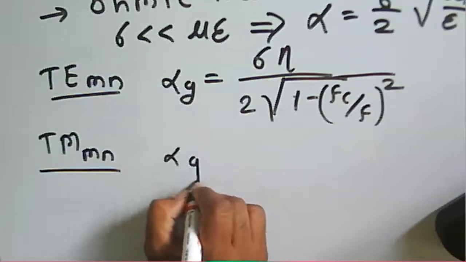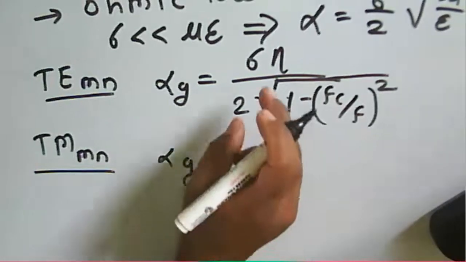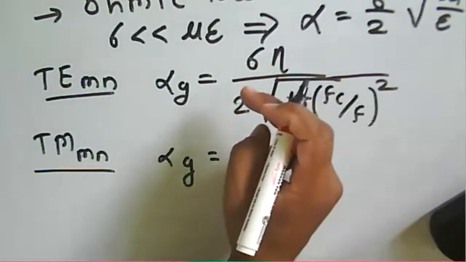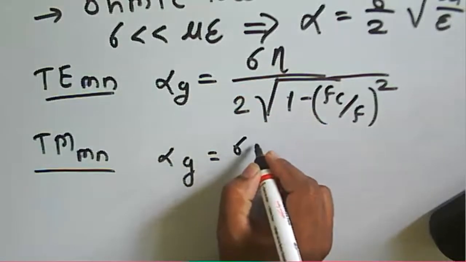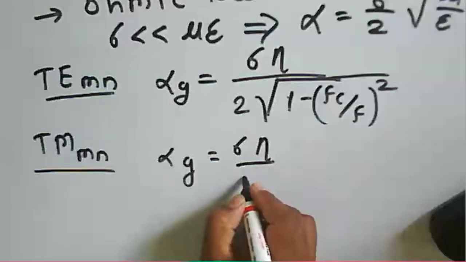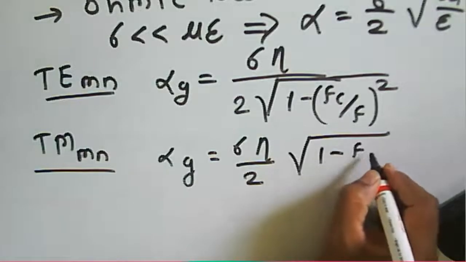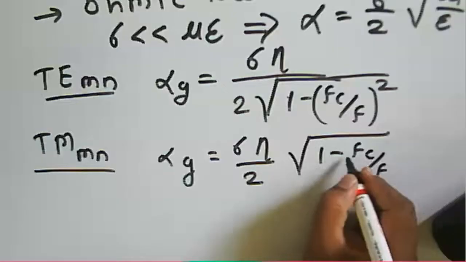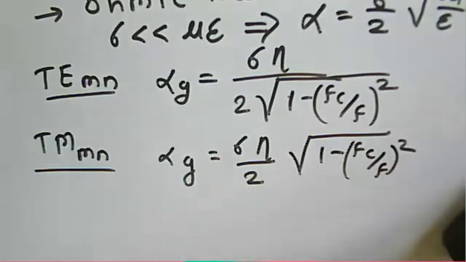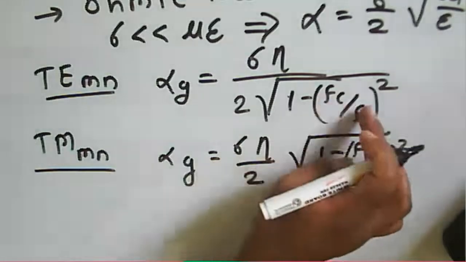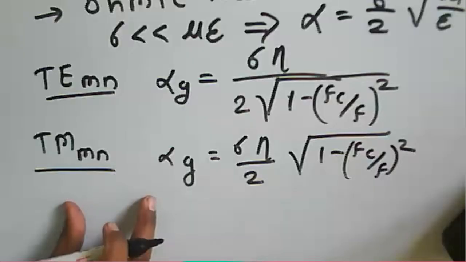So then the term will vary here. So sigma eta 2, and this term 1 minus (fc by f) squared is multiplying here. It is a denominator because for the TM mode of propagation.